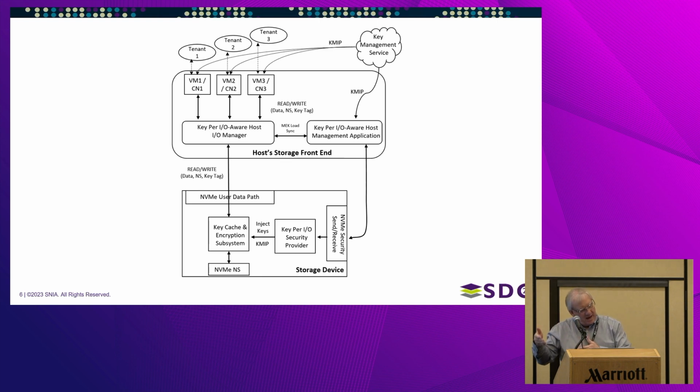Activating KPIO on a namespace won't wipe out the data associated with an Opal managed set of namespaces. You just can't get at the two of them at the same time because you only have access to the keys on one of those.